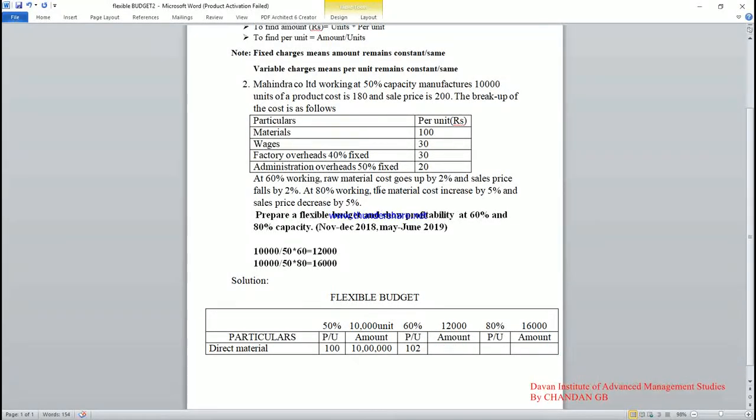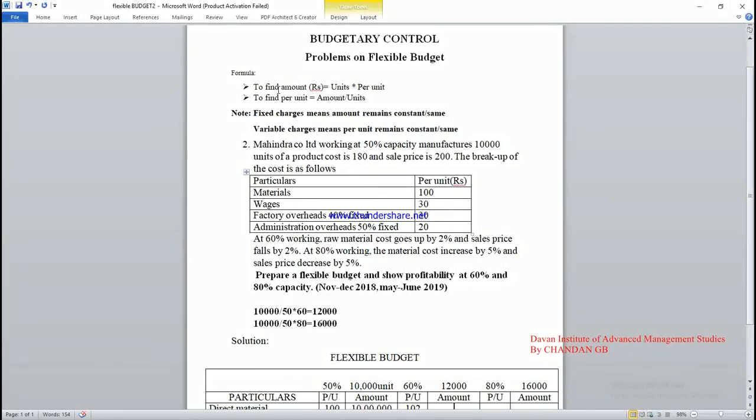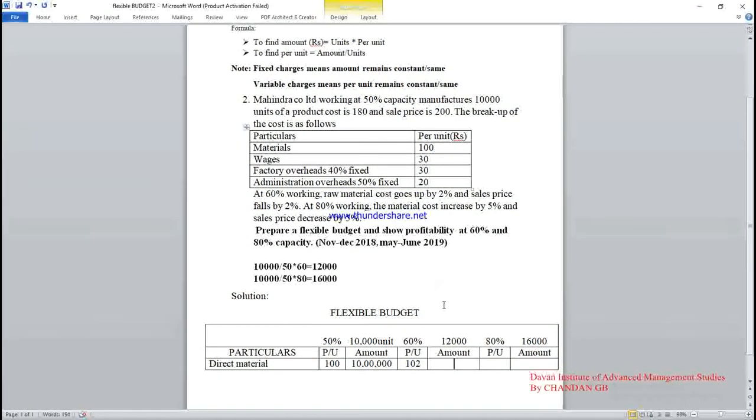I already said in the formula to find out the amount: units into per unit. Units is 12,000 into per unit, that is 102. 102 into 12,000 will get 12 lakh 24,000.